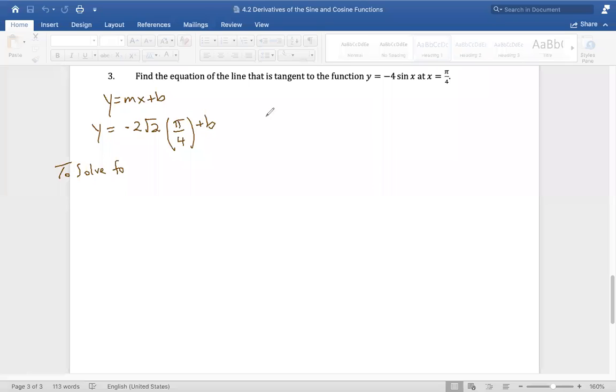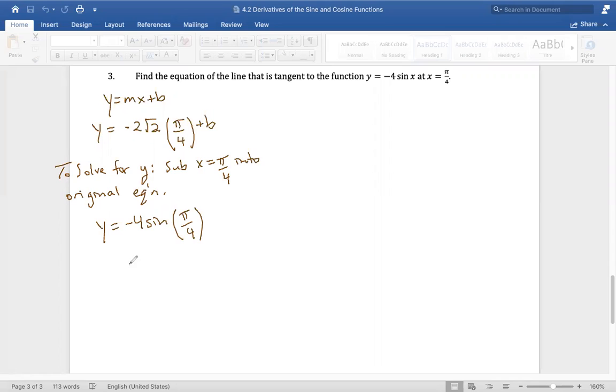To solve for y, sub x equals pi over 4 into the original equation. So y equals -4 sine of x. I'm just going to change that to pi over 4.